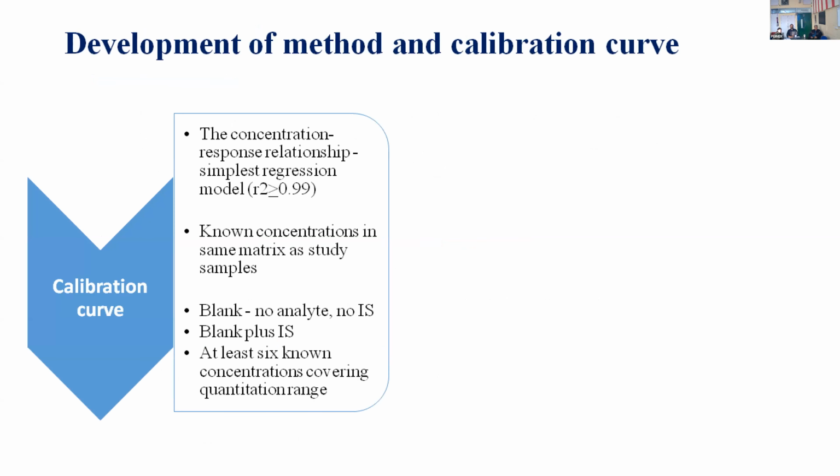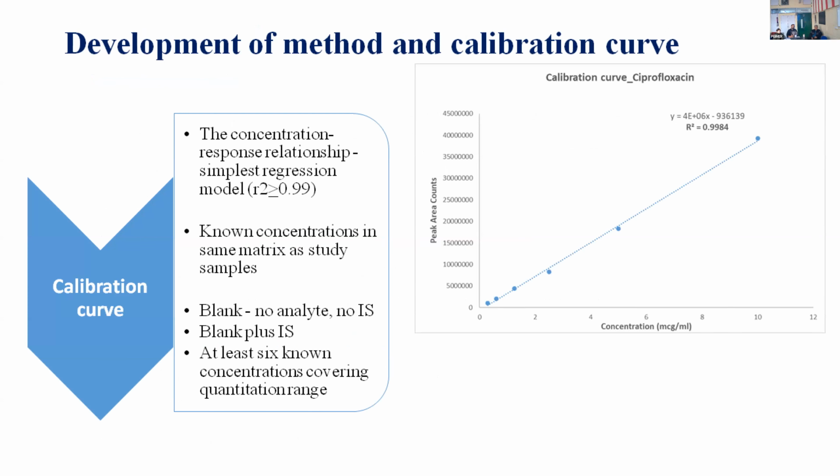Once we have identified our HPLC method, before going for further analysis, we need to check the functioning of our HPLC method. For that, we need to generate the calibration curve.